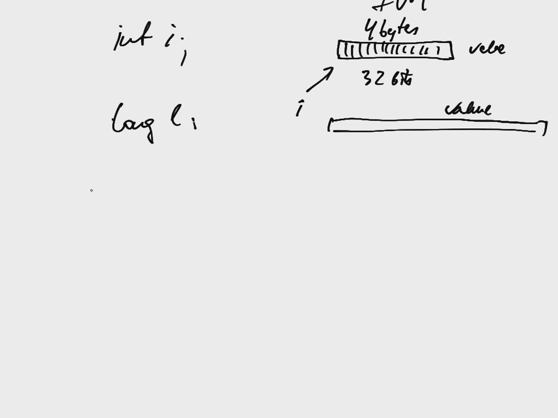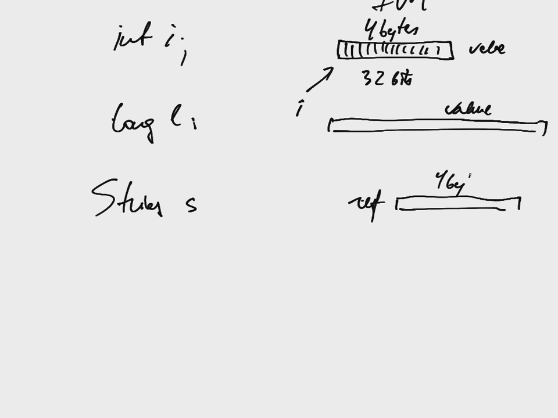But for objects like String s, it is more complicated, and it always consists of 2 parts, the so-called reference part. And the reference, I think, is also 4 bytes. And initially, the value for this reference is all zeros.